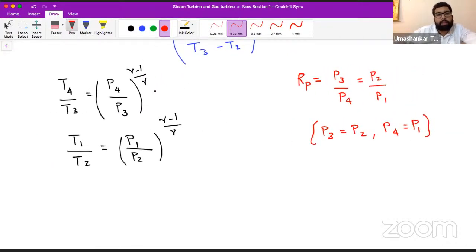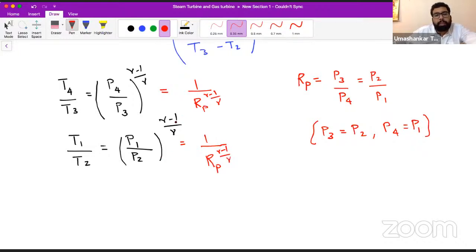Okay. So can we say this pressure ratio is high pressure by low pressure? So if I replace this in these two equations, we can write like this: 1 by Rp to the power gamma minus 1 by gamma, and this can be written like this: Rp to the power gamma minus 1 by gamma. Okay, can we do it? So certainly yes, we can do it.